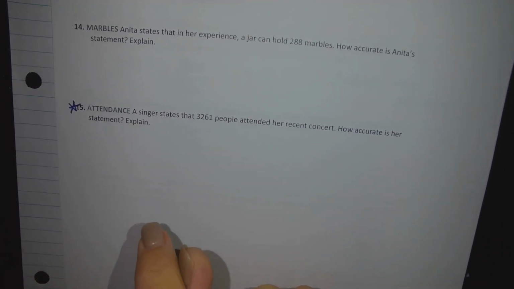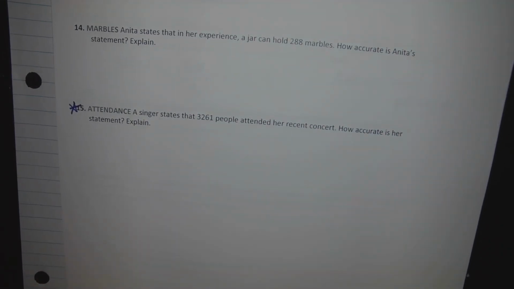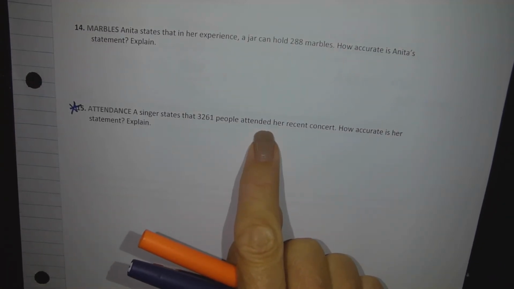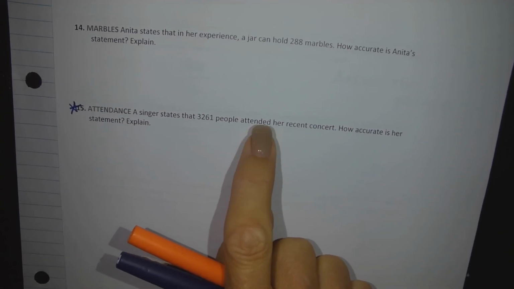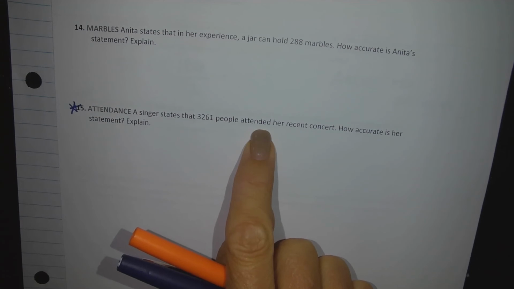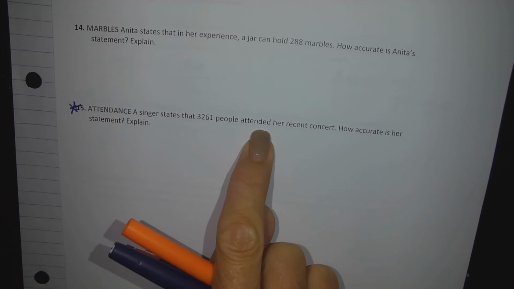How accurate is this? If you're counting that 3,261 people attended her concert. I mean, her counting is not very accurate. Well, be careful because what's the key word here? Attended. Has this already happened? Yeah, so it's probably pretty accurate. Okay.